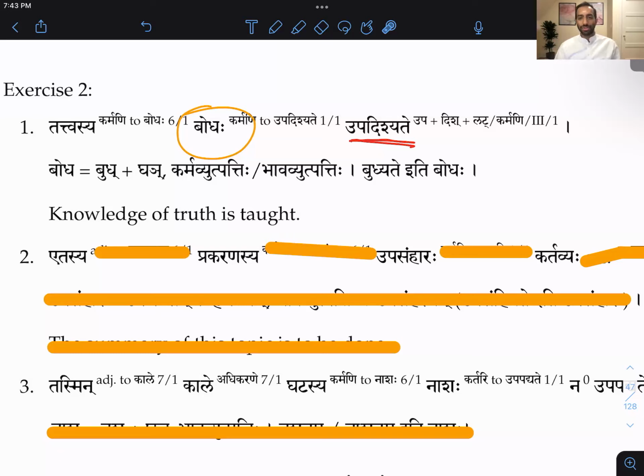So you can use karma vyutpattihi in that way. We can derive the word either way. If it's karma vyutpattihi, we're going to say buddhyate iti bodhaha. For the vigraha vakya, you take budh plus karmani and make it a verb. So buddhyate iti bodhaha: that which is known is bodha, is knowledge.